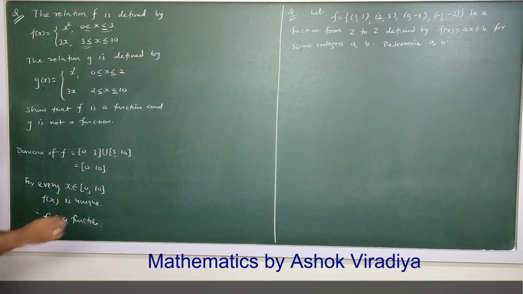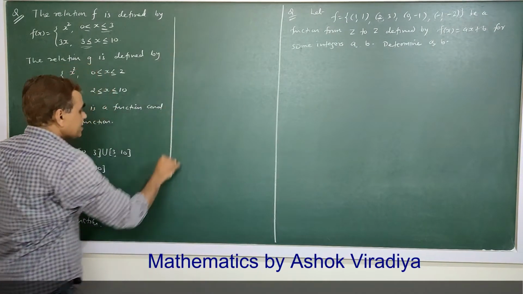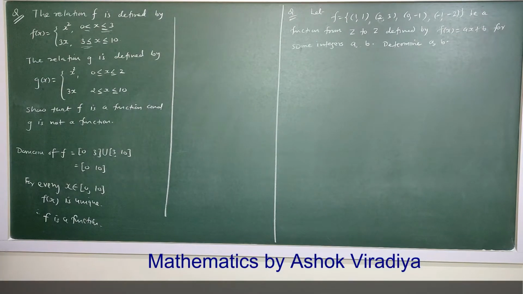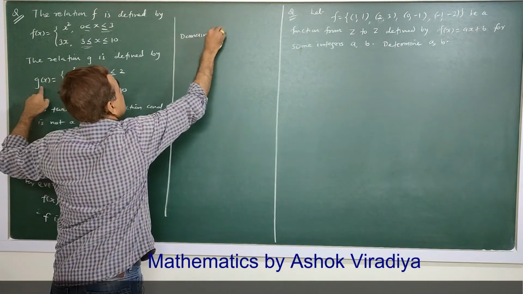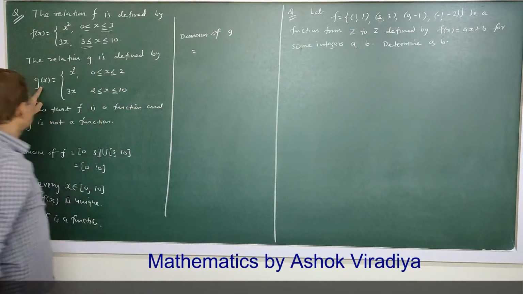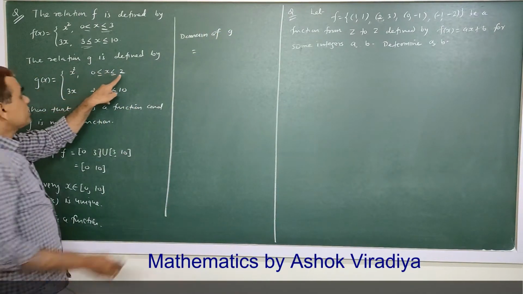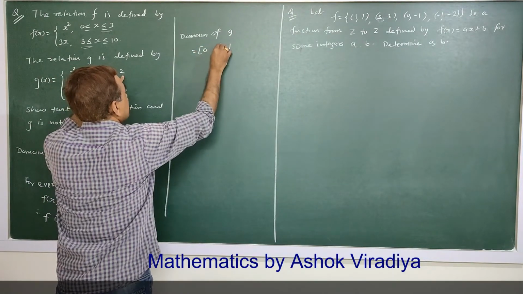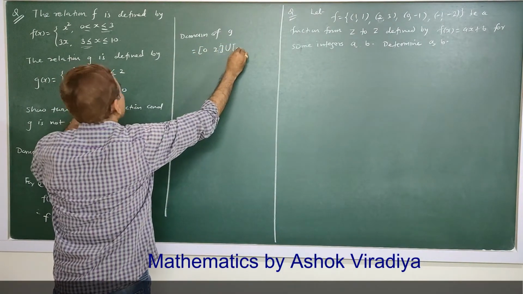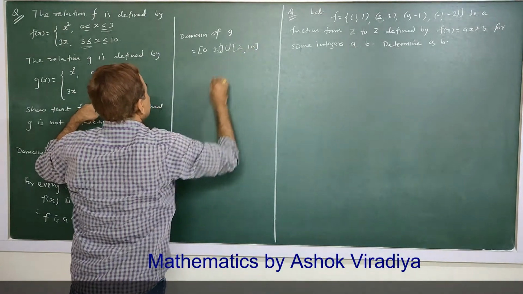Now let us discuss G. See what is happening here. The domain of G is the closed interval 0 to 2 union the closed interval 2 to 10.